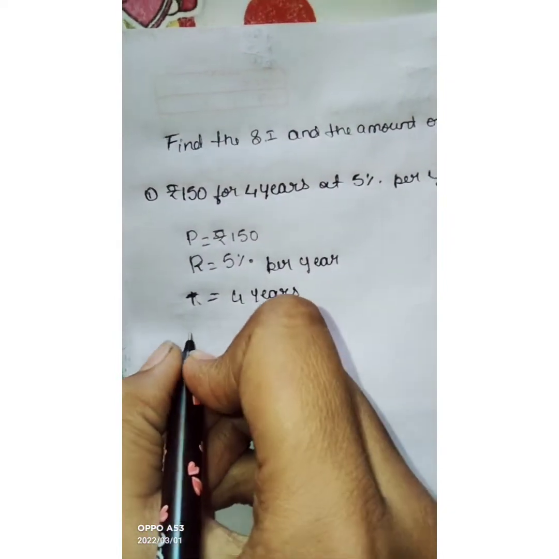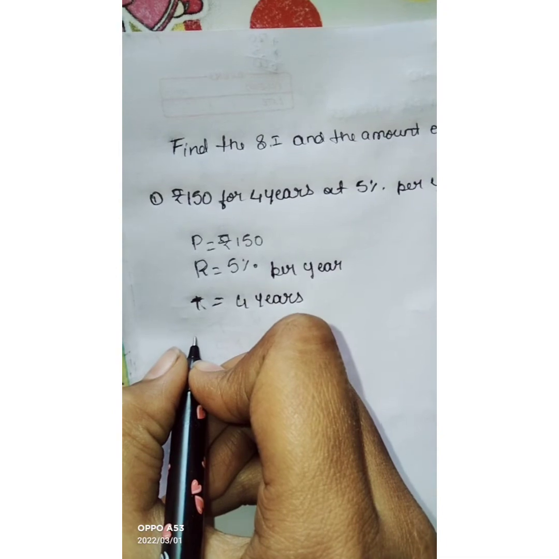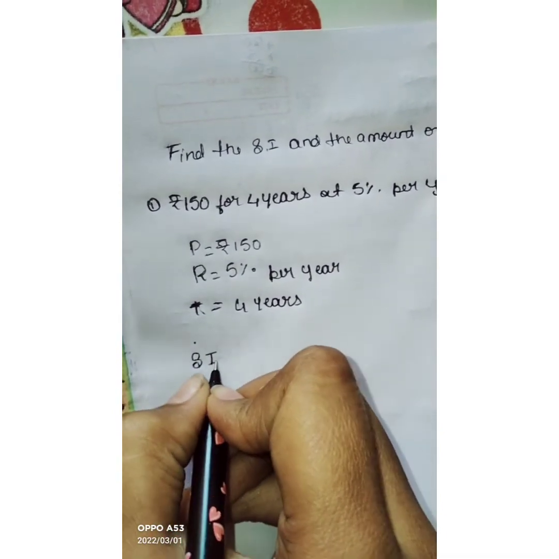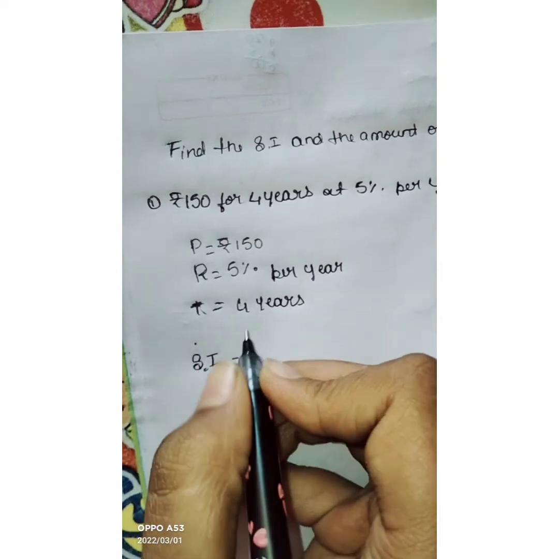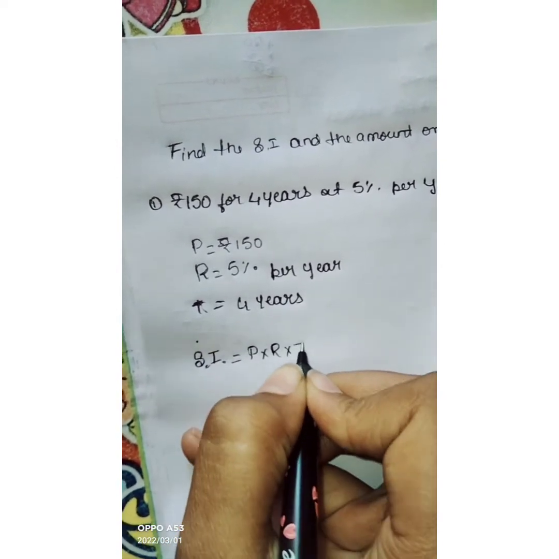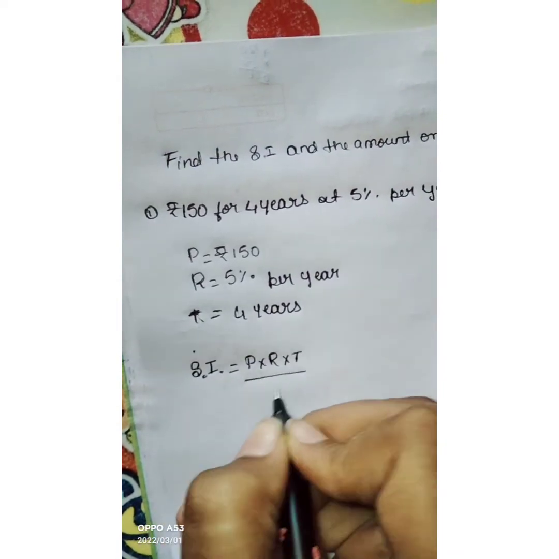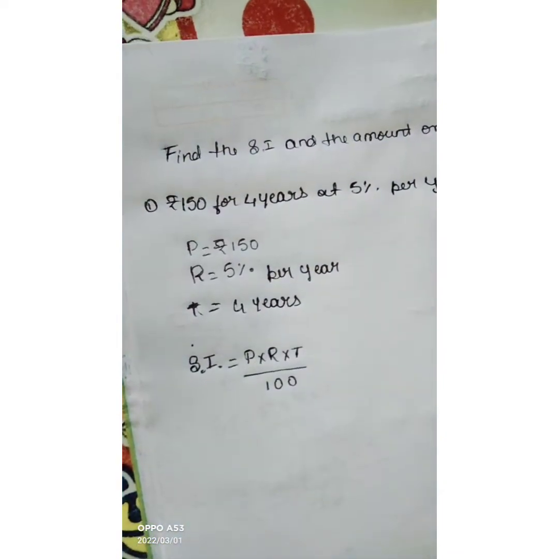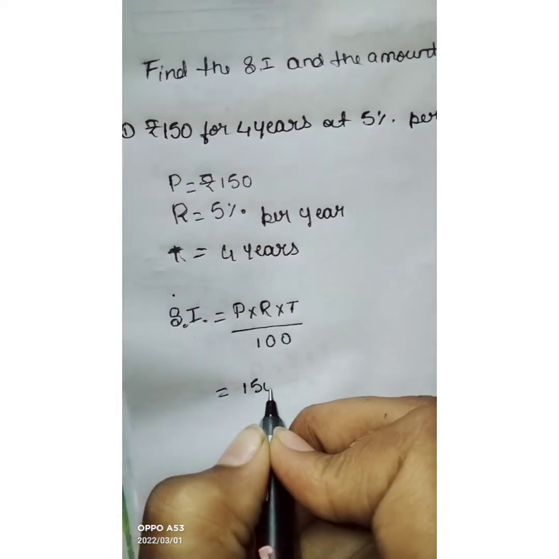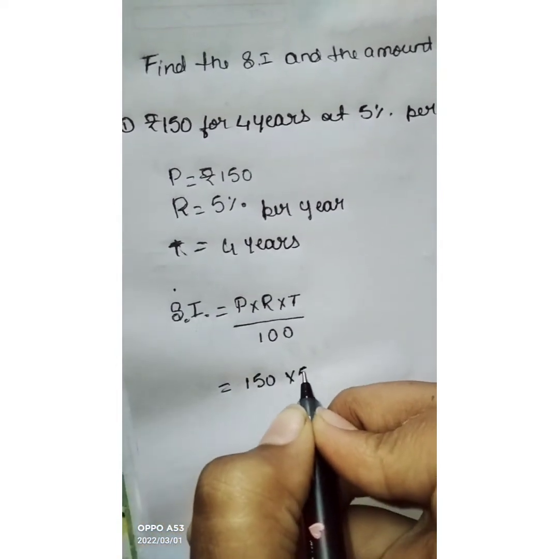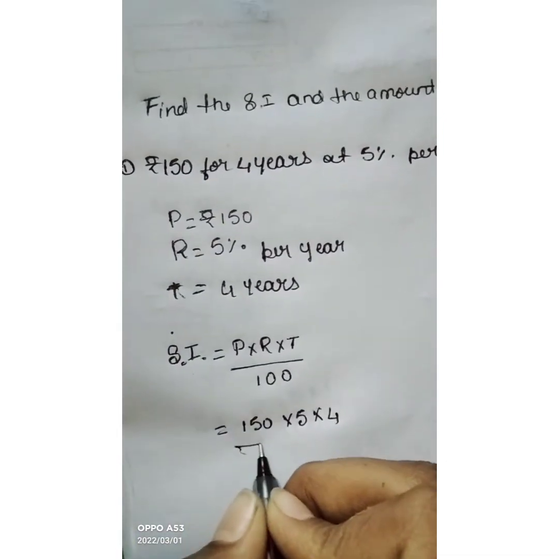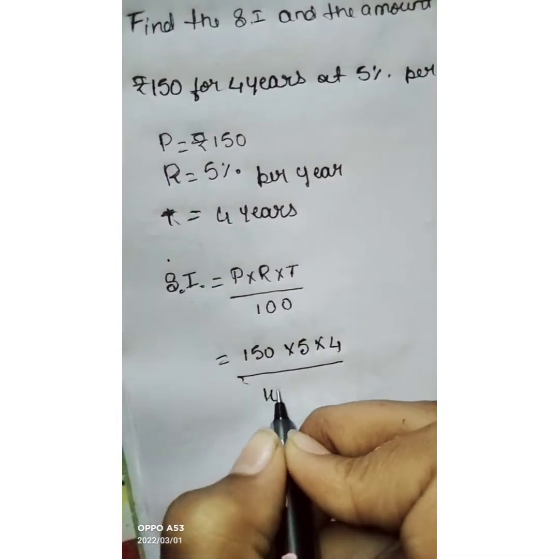Here we don't know the SI and the amount both. So take the SI formula. SI is equal to P into R into T by 100. The formula is main in the sum. So here P is equal to 150 into rate is equal to 5% into the time is equal to 4 by 100.